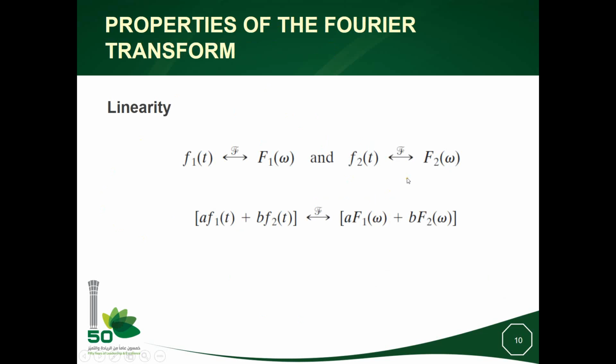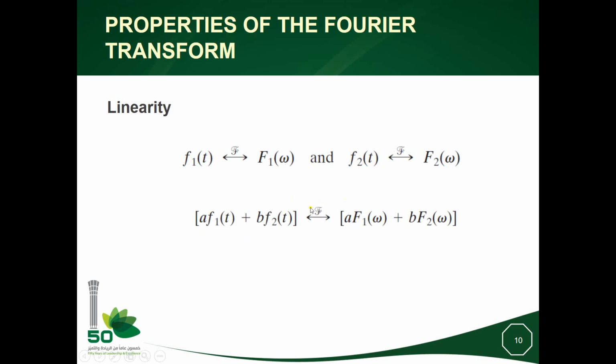Now we will pass to the most important properties of the Fourier transform. We start with the trivial one, which is the linearity transformation. If I have a signal f1 of t, which has a Fourier transform F1 of omega, and f2 of t having F2 of omega as a Fourier transform, what if I take the linear combination a f1 plus b f2?